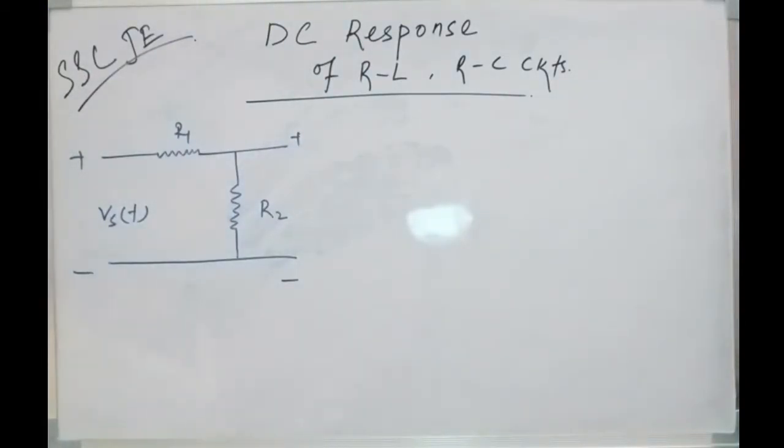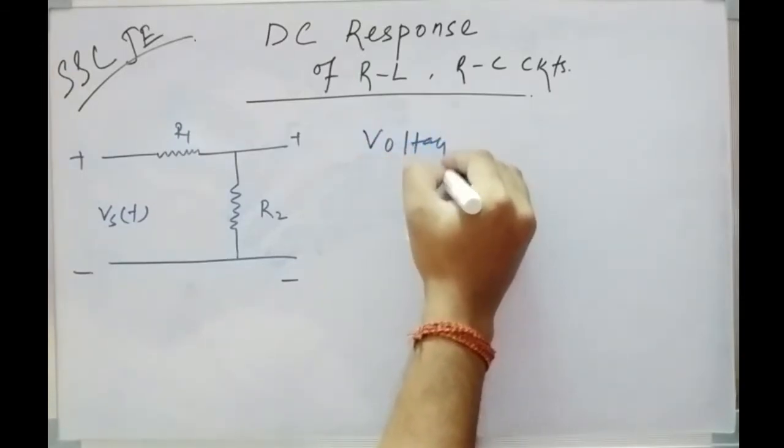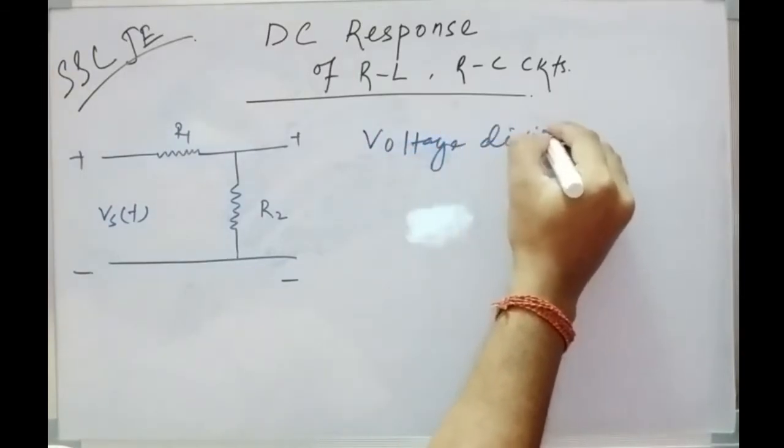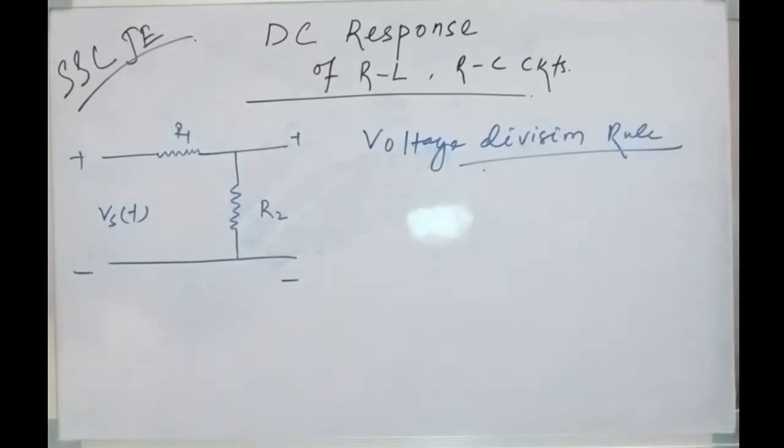You can just use the voltage division rule. The source voltage is Vs of t.